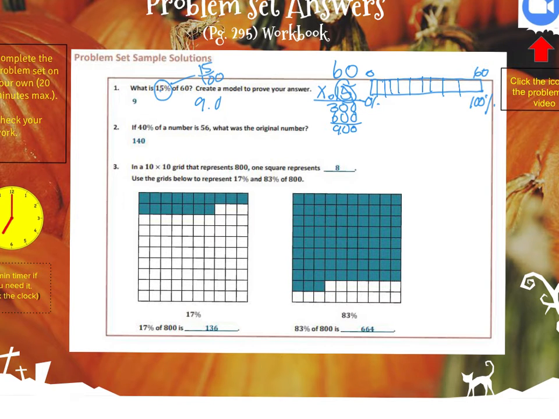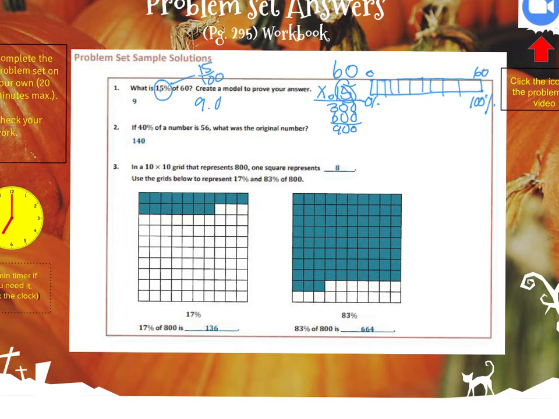Maybe I just need to count by tens and then look a little deeper. So 10, 20, 30, 40, 50, 60, 70, 80, 90. I can't do that. So I actually need to go back and erase that.